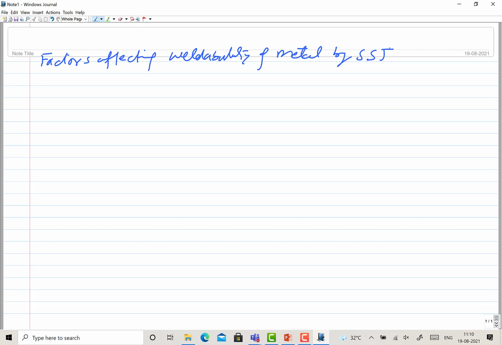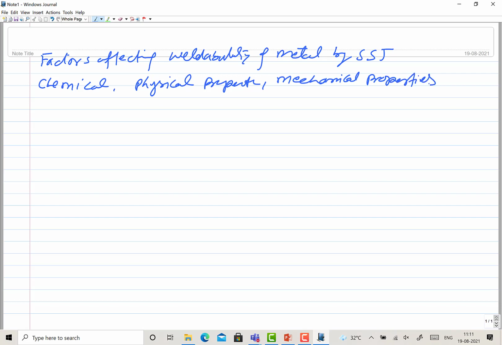So in this connection, we have talked about the chemical properties. We have talked about the relevant physical properties and also the mechanical properties, particularly the yield strength and the elongation or the ductility. So there are certain metals which are... each metal has its own stacking fault energy.